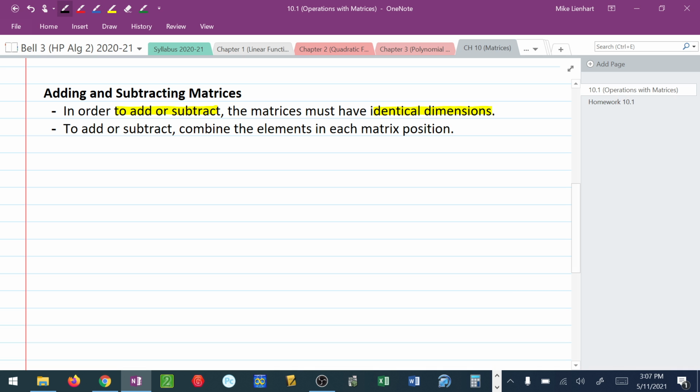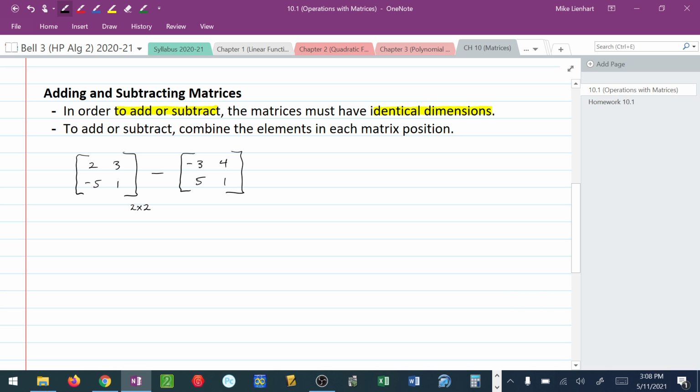So let's look at a couple examples here. Let's say that I have 2, 3, negative 5, 1. And I want to subtract from this another matrix. Well, this matrix is 2 by 2. In order to subtract it, I have to subtract from another 2 by 2 matrix. So I'm just going to fill in some arbitrary numbers here. Negative 3, 4, 5, and 1.